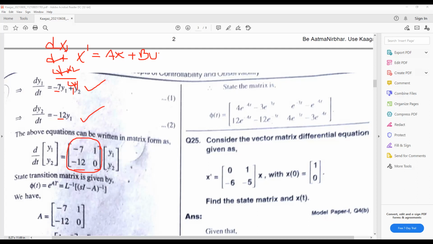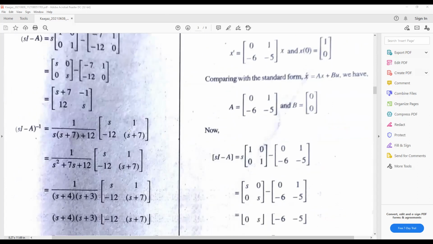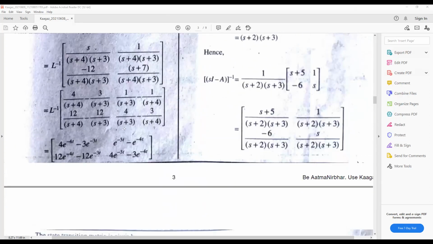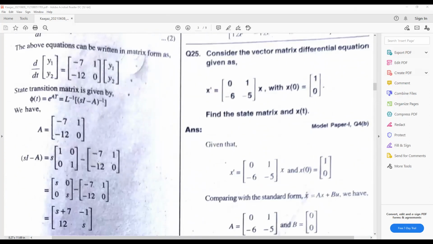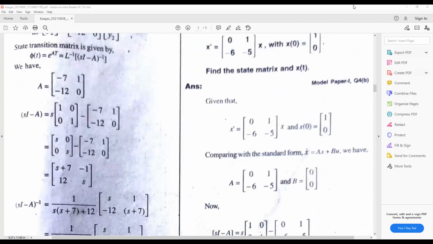Okay, so here we easily got the A matrix. When the A matrix is given easily like this, you can solve the Laplace inverse of SI minus A whole inverse, or you can use the Cayley-Hamilton method. So let's do the Cayley-Hamilton method once. Minus 7, 1, minus 12, 0.